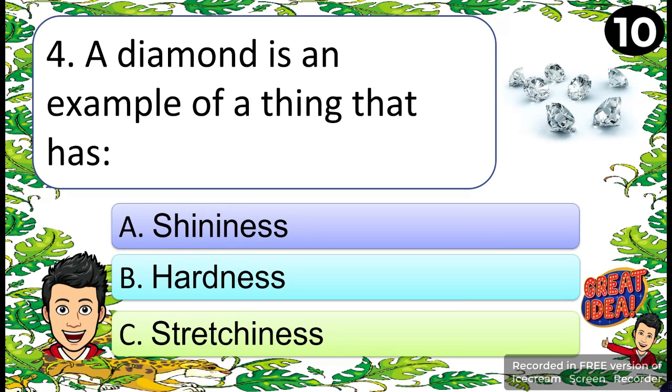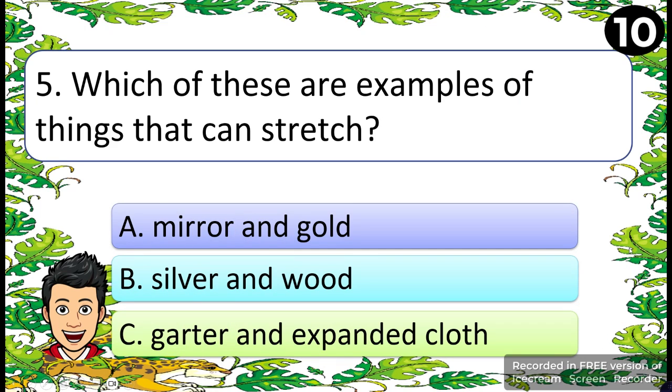A diamond is an example of a thing that has A. Shine, B. Hardness, C. Stretchability. Number 5. Which of these are examples of things that can stretch? A. Mirror and gold, B. Silver and wood, C. Garter and elastic cloth.